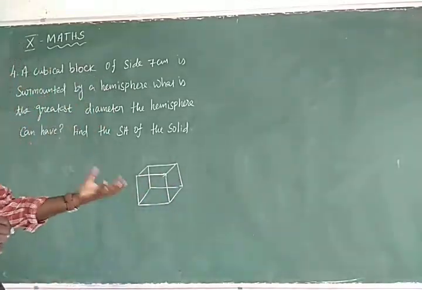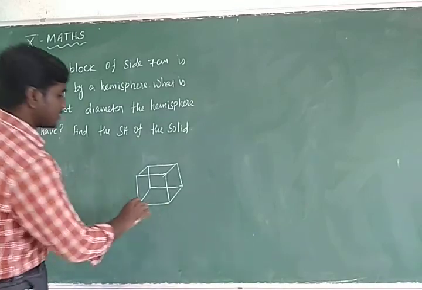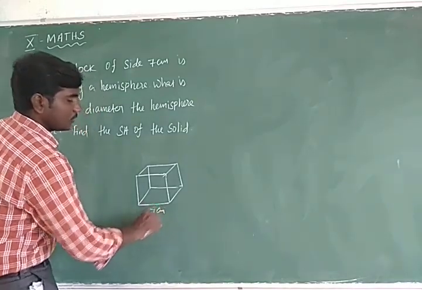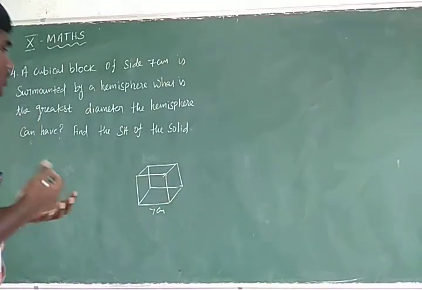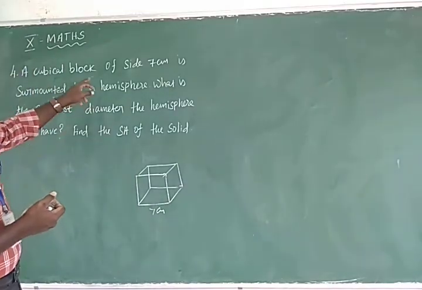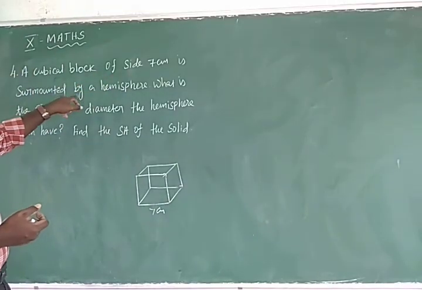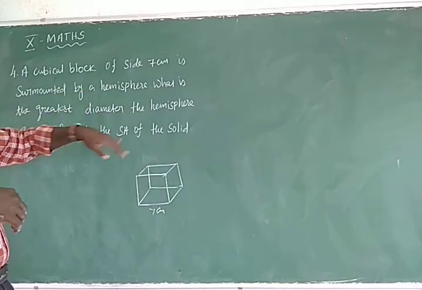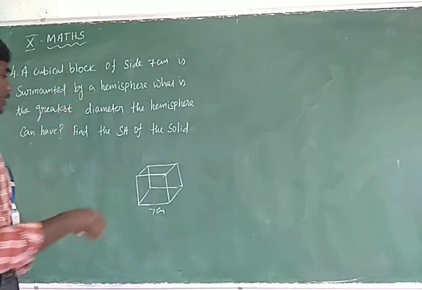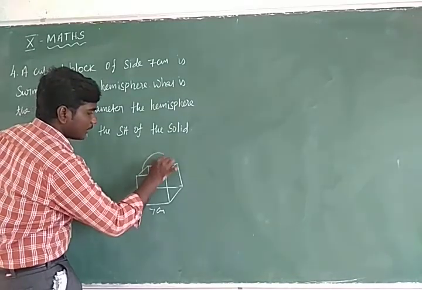So cubical block means the shape of a cube, on the building, shape of cube, is surmounted by a hemisphere.